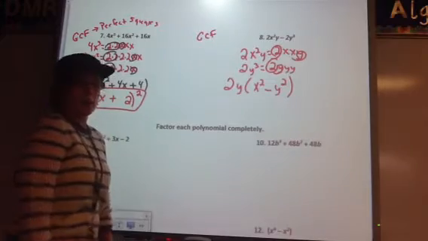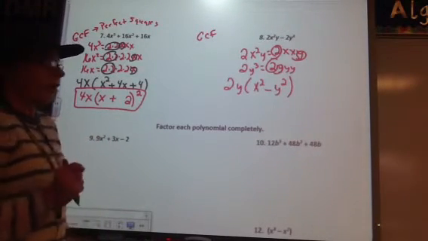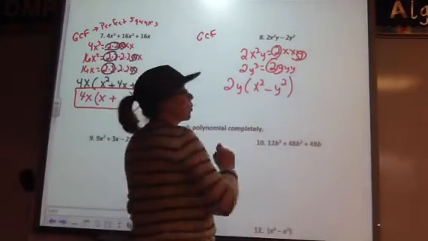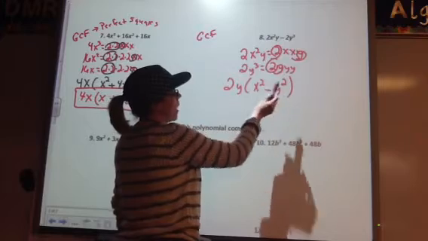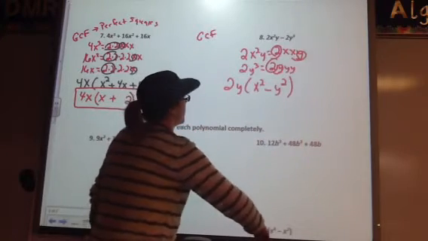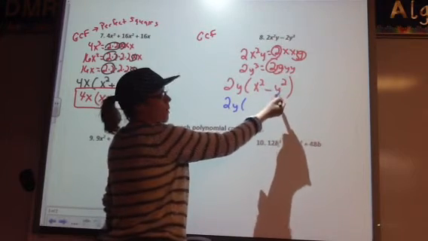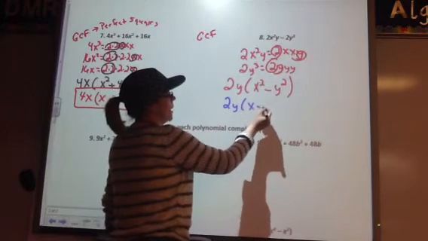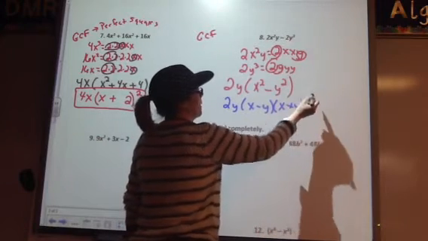Now, second thing, perfect square. Perfect square, you have a trinomial. This is a binomial, so do we have a difference of a perfect square? Is x a perfect square? Yes. Is y a perfect square? Yes. So, what we have here is our first term. When you have differences of perfect squares, remember it's x minus y, and it's x plus y.